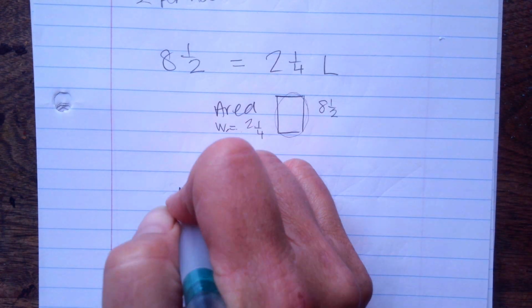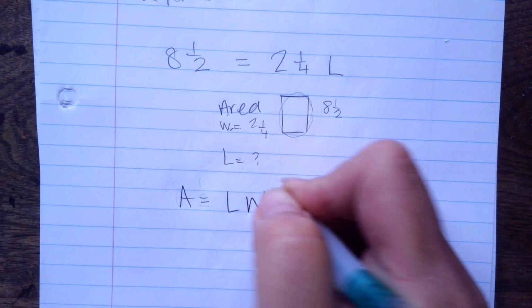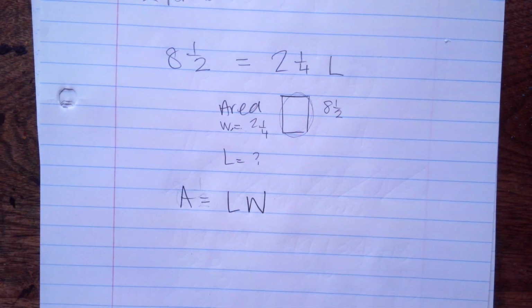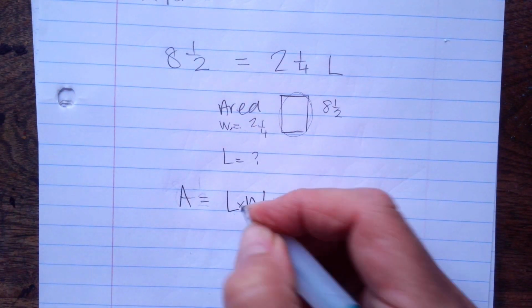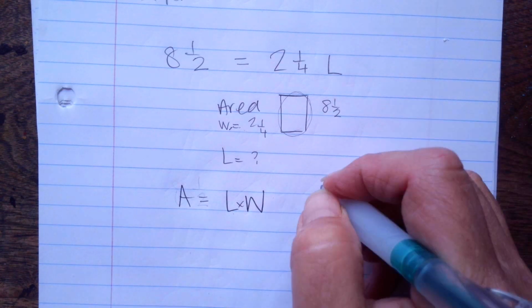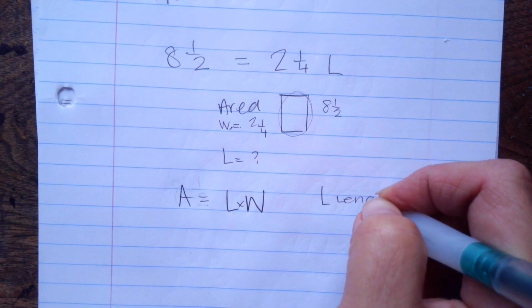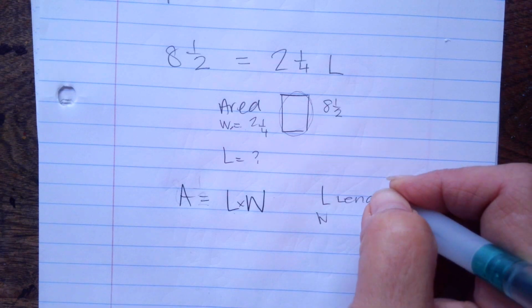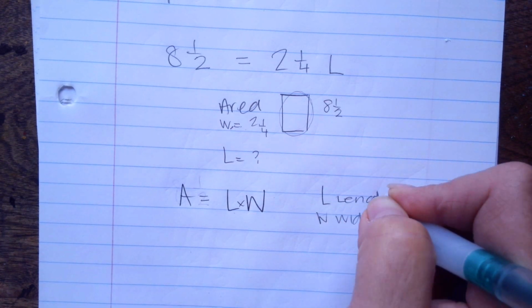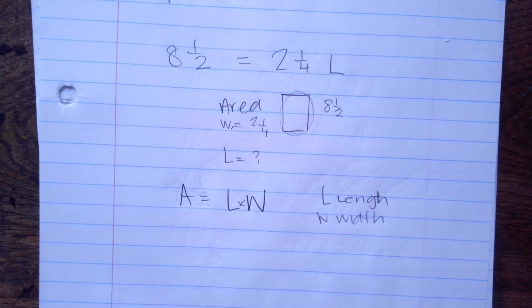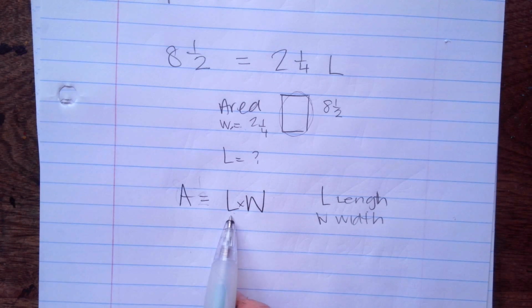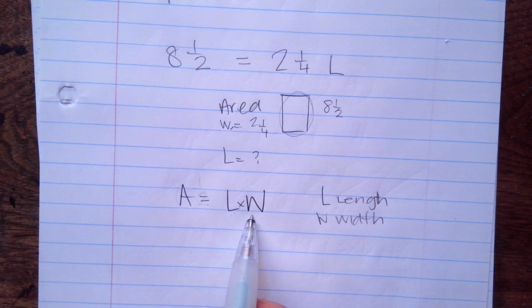Okay. Whenever we were learning it in 6th grade, area of a rectangle is area equals L times W. L stands for length and W stands for width. So if you are figuring out what area is, you would just do whatever the length is times whatever the width is.